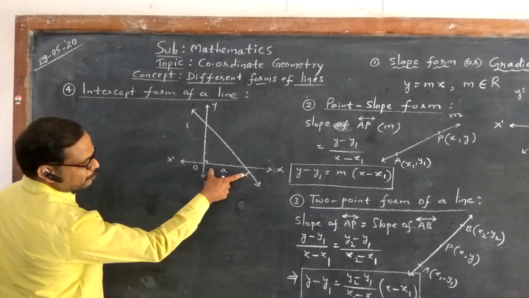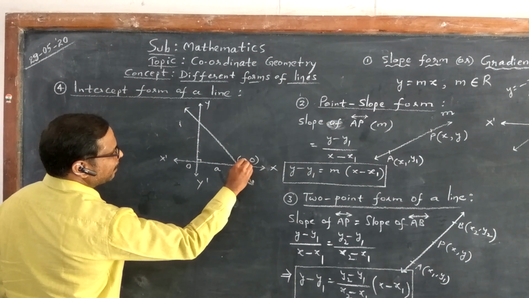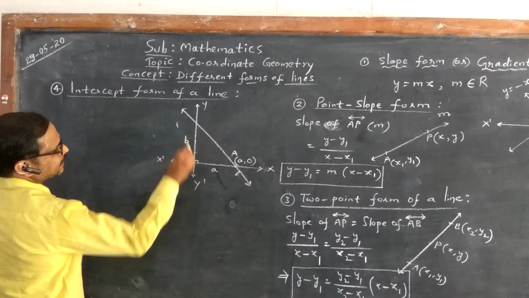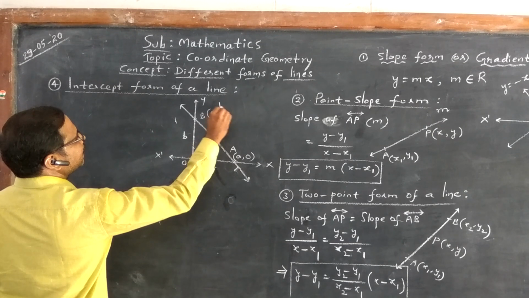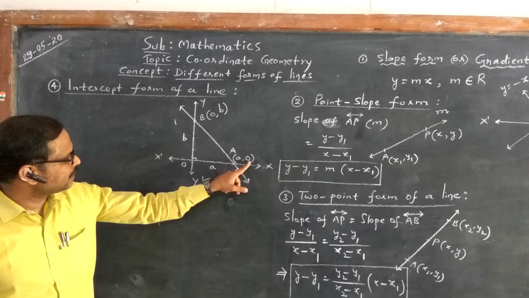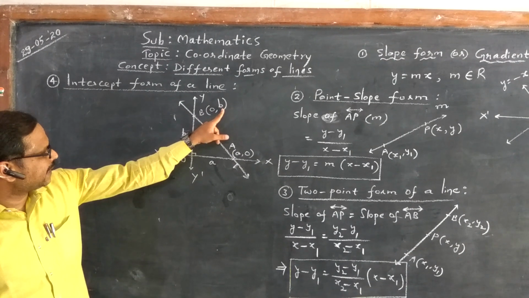This distance is small a, so this point is (a, 0). Let me take this distance as b, then this will be (0, b). Since it is on the x-axis it is (something, 0), and on the y-axis it is (0, something), right?